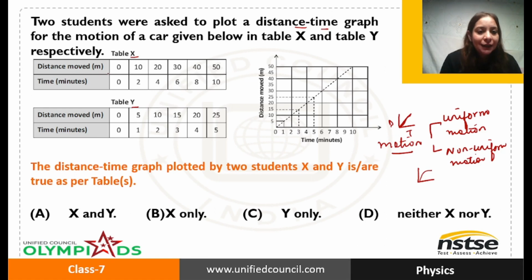Here distance given is in meters and time is in minutes. When the time is 0, distance moved is 0. When time changed to 2 minutes, the distance moved is 10 meters.